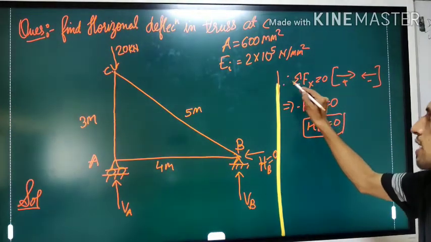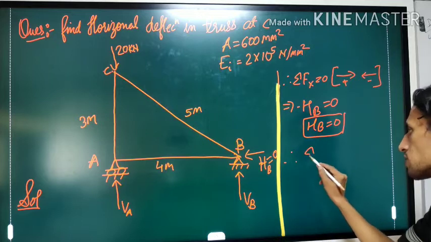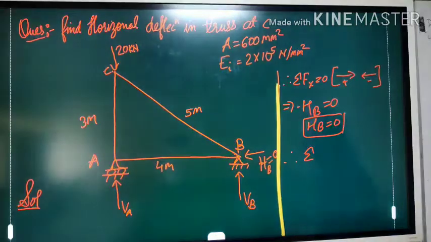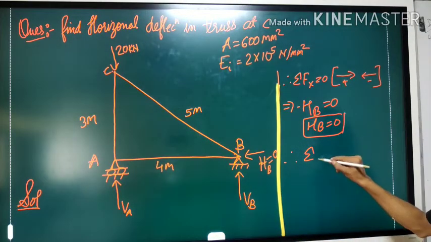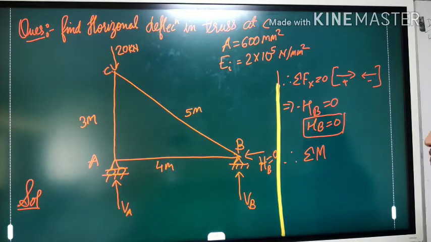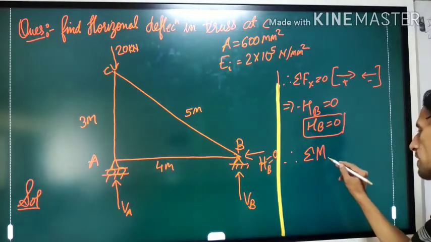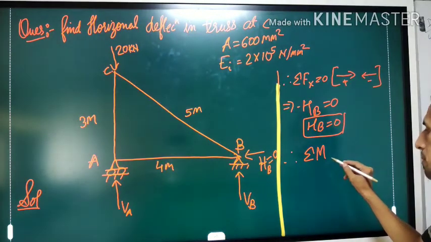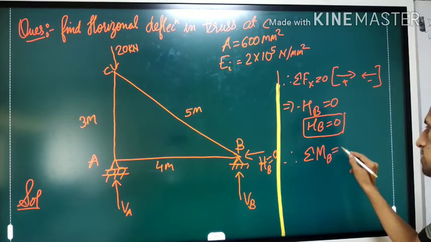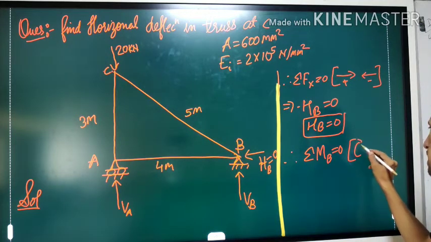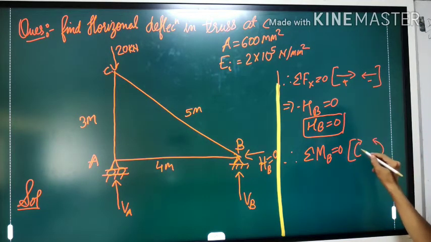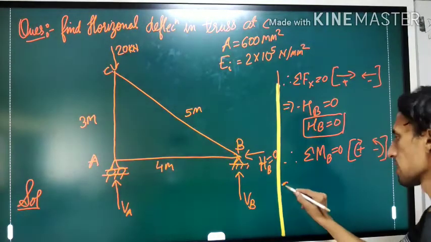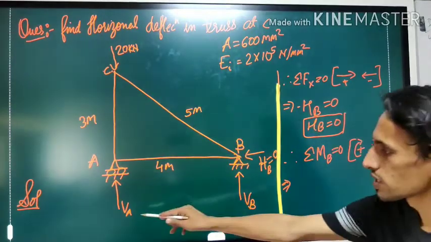Now let's find another reaction. So which equation I can use? I can use any equation. So let me use this equation. Summation of moment at point B is 0. Sign convention that I am taking is this one, this side positive, this side negative. So let's solve it. First is VA.